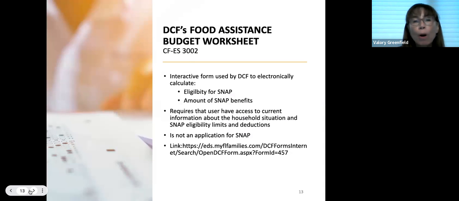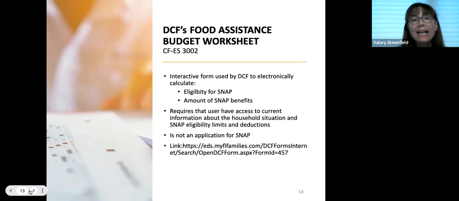But the Department of Children and Families Food Assistance Budget Worksheet makes that math a lot easier. This is form CF-ES3002. In fact, if you plug CF-ES3002 into your search engine, you will come up with the very form that we're going to be using later today. You can also use the link at the bottom of this particular slide.